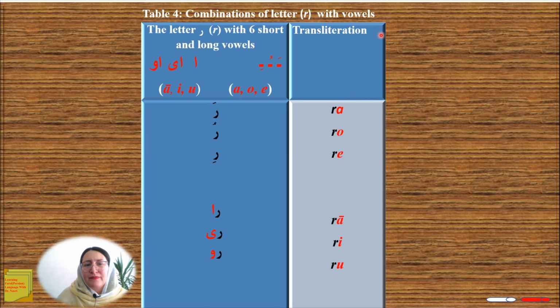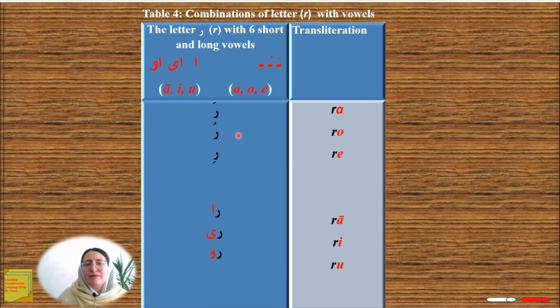Table 4. Combinations of letter re with vowels. The letter re with 6 short and long vowels: A, I, U, A, O, E. When the letter re and the short vowel a come together, they create the syllable ra.